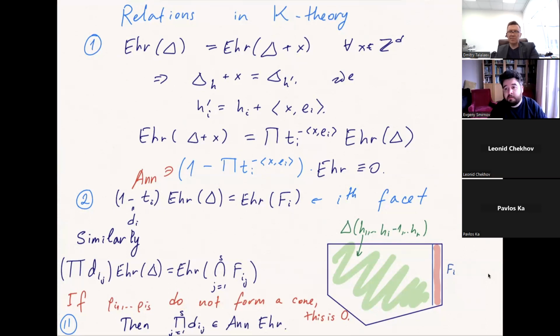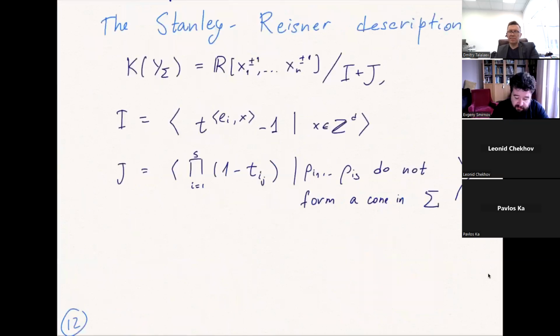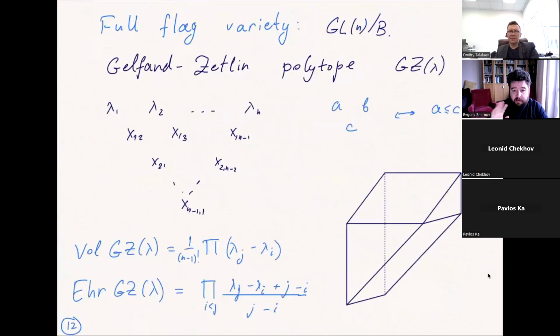But what I want to say in the remaining 2 minutes is that the same machinery can, both in the cohomology and K-theory case, be applied to flag varieties as well, to the flag varieties of type A. And for flag varieties, I'll be very brief in this part.